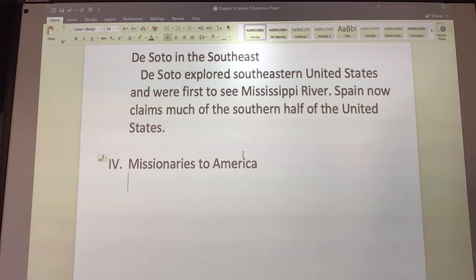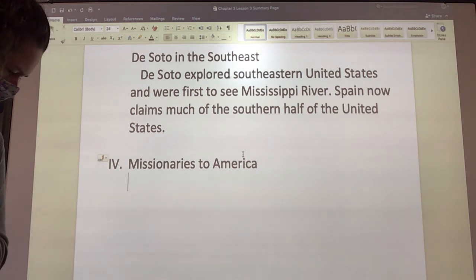All right. Good. Josh. Some missionaries forced Native Americans to become Catholics and also enslaved them. Many Native Americans fought to hold on to their beliefs, but others were forced to change how they live and worship.